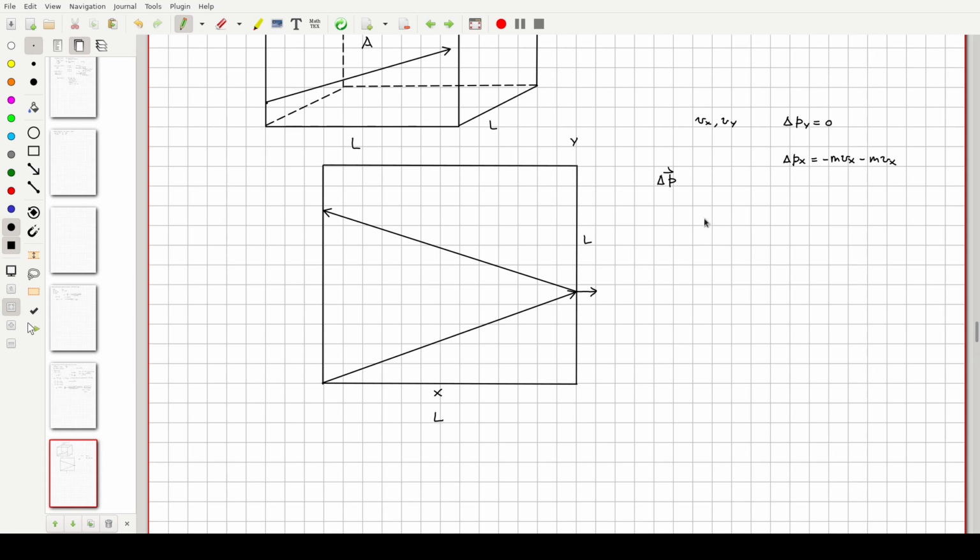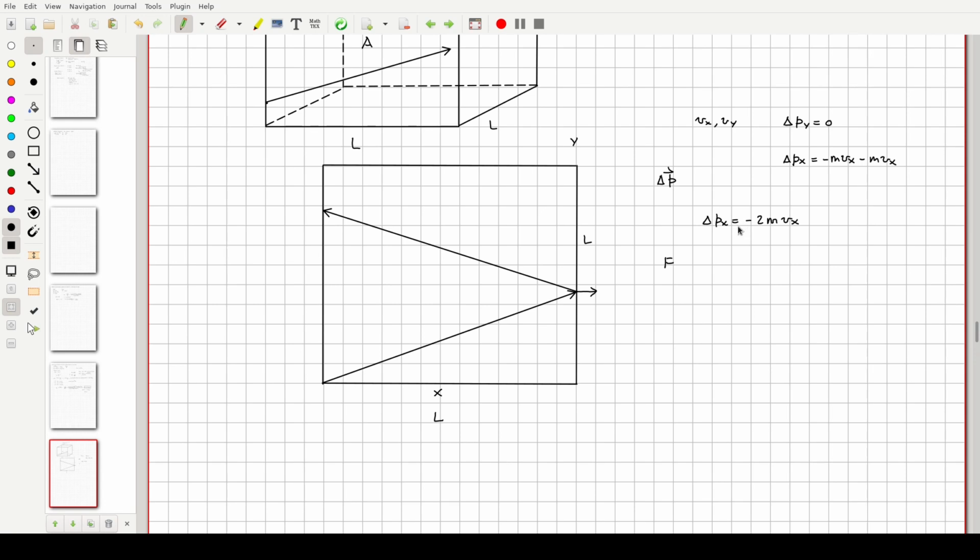So the change in momentum here is minus 2mVx. This is the change in momentum that the particle experiences. Now, what I want to do ultimately is relate this to pressure. Pressure is going to be the force that the particle exerts on the wall, which is related to the force that the wall exerts on the particle.